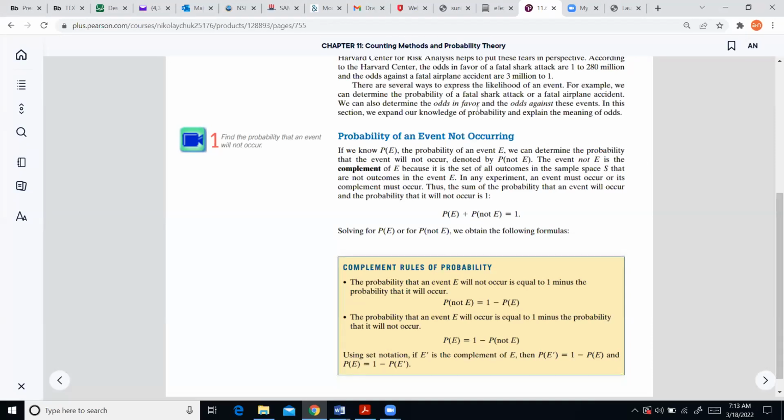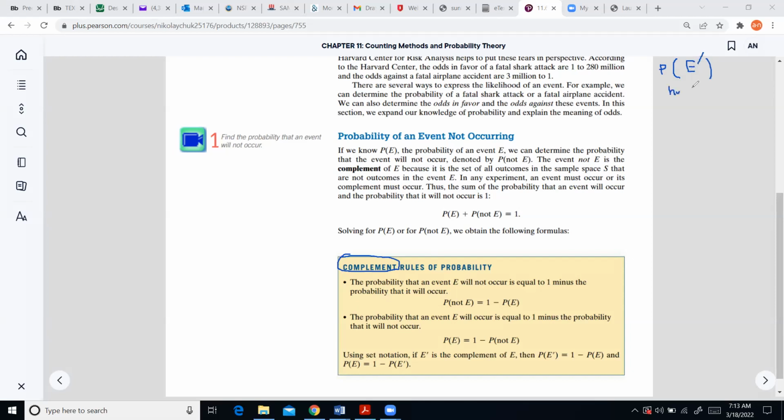And here they are talking about the so-called complement, or the opposite, for our probability. So what they do is they say that if you have probability of not event E, they have a little special symbol.